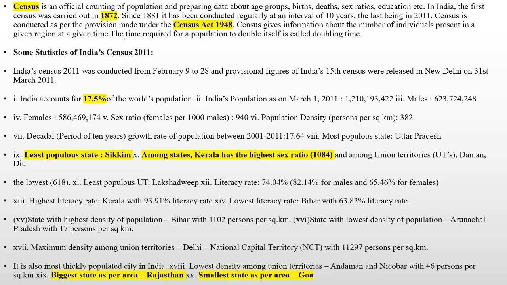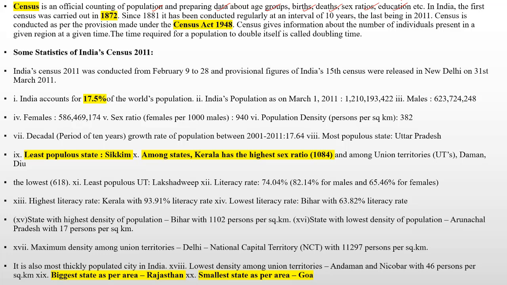Now next coming, census. Census is an official counting of the population and preparing data about age group, birth, death, sex ratios, and education. In India, the first census was carried out in 1872.